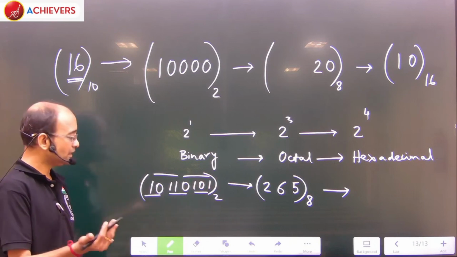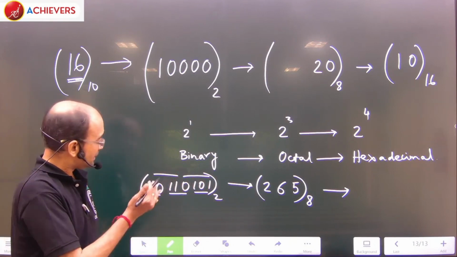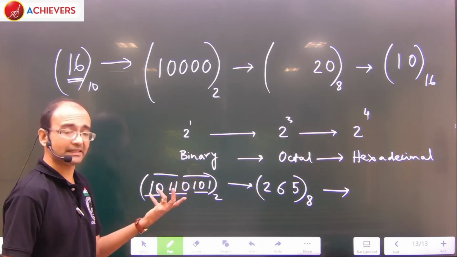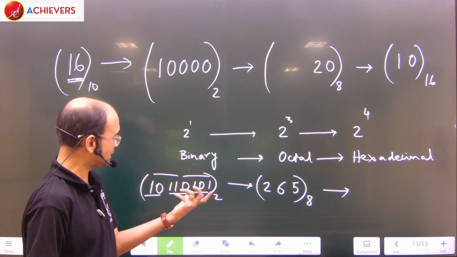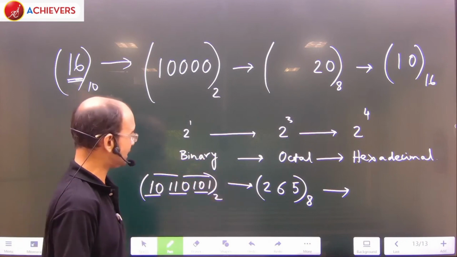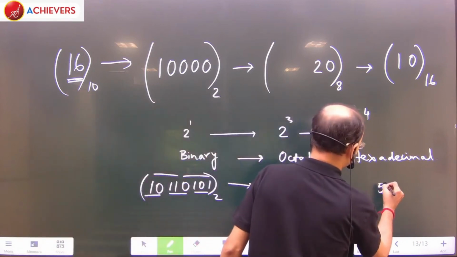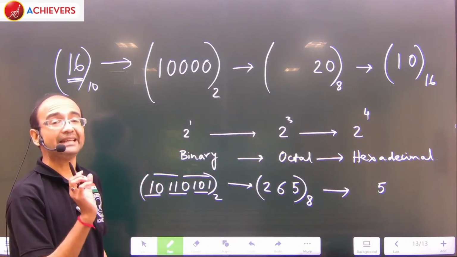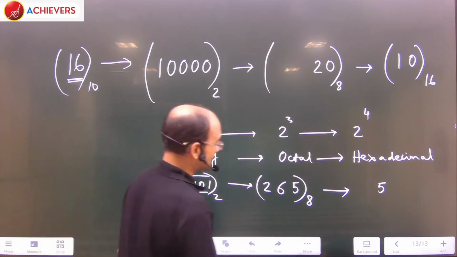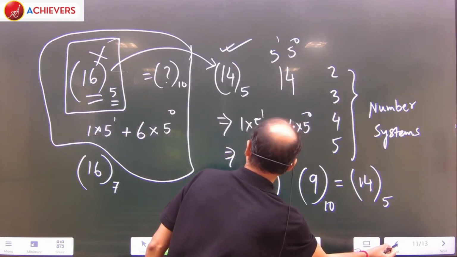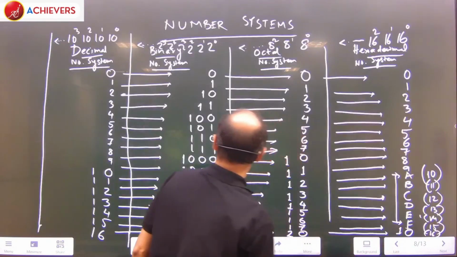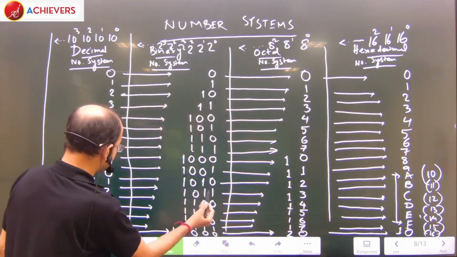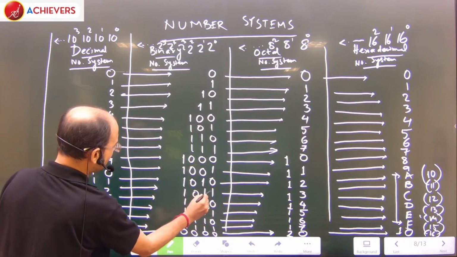It is 5, because the leading 0 is not considered, so it is simply 101, which is 5. And 1011 means 11.